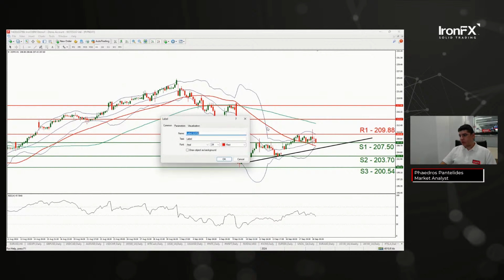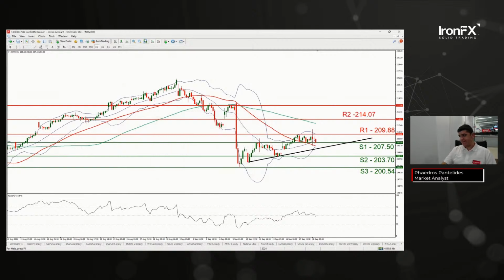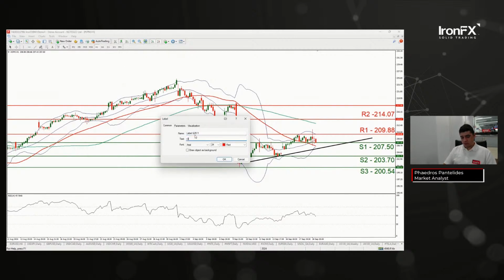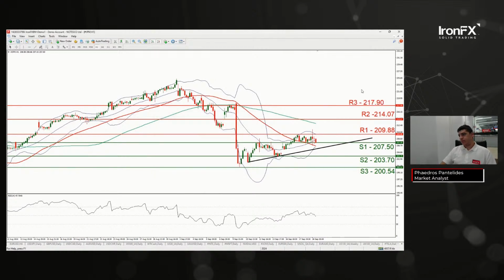Then 214.07. Then 217.90. So these are the support and resistance levels for JP Morgan on the 1 hour time frame.